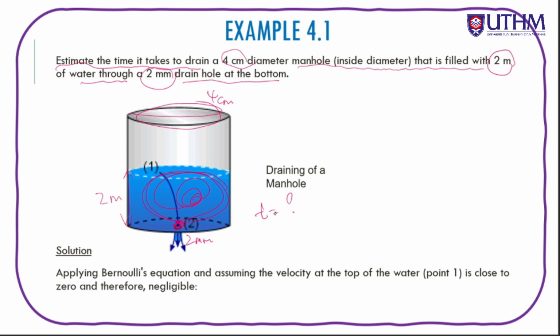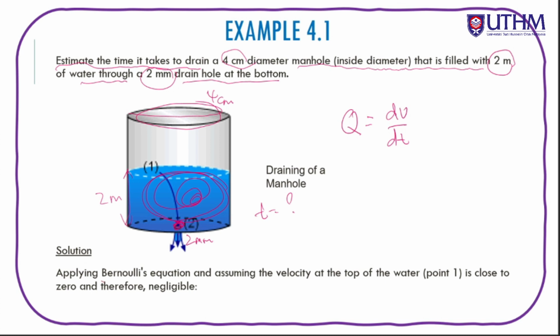So bila kita kata T, mesti kita akan kena mengena dengan rate of discharge. Okay, rate of discharge adalah dV over dt. Okay, yang ni tak apa, yang ni jap kita go through.